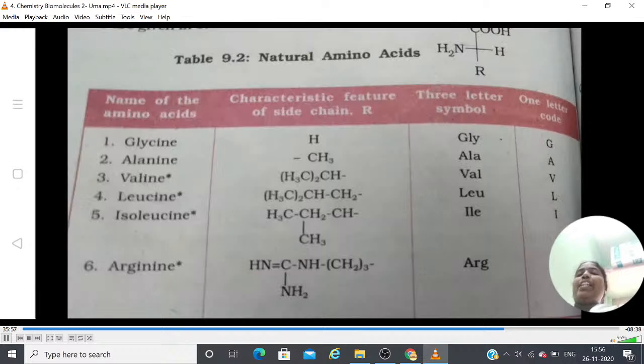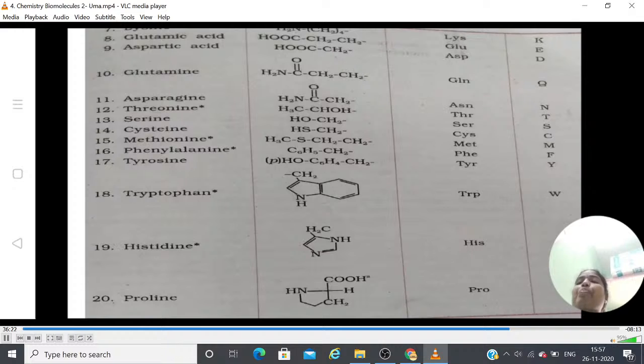In this table, 10 amino acids are given as very important and essential amino acids. They are valine, leucine, isoleucine, arginine, threonine, methionine, phenylalanine, tryptophan, and histidine.